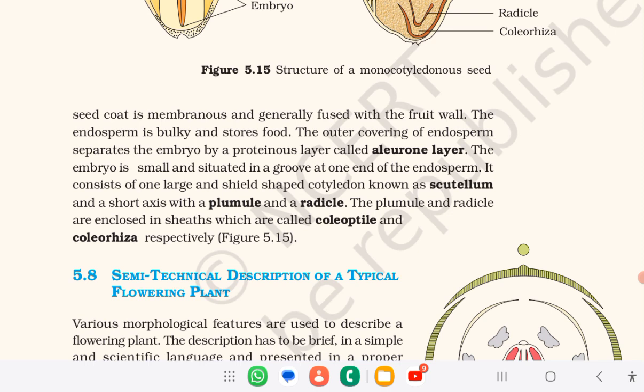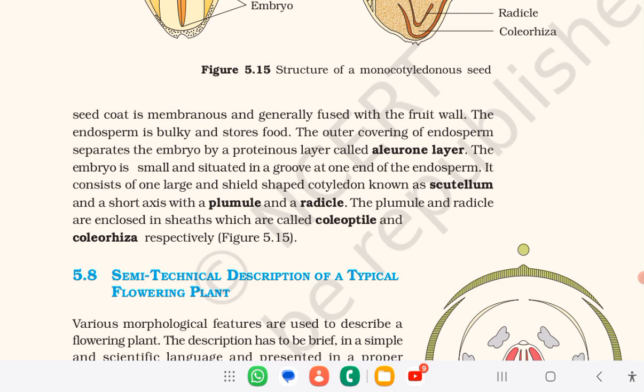The endosperm is bulky and stores food. The outer covering of endosperm separates the embryo by a proteinaceous layer called aleurone layer.